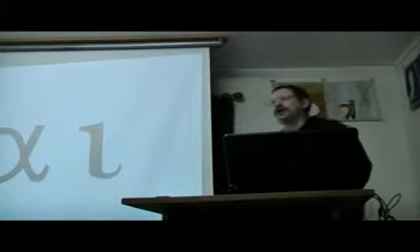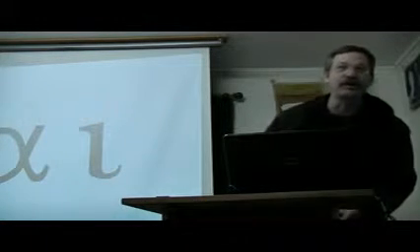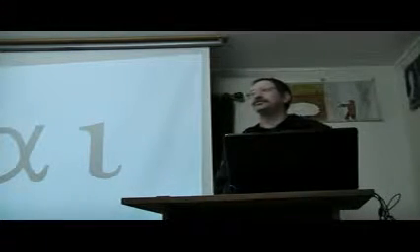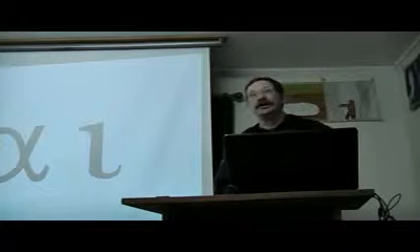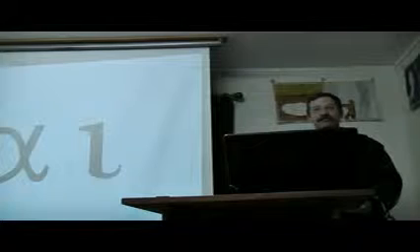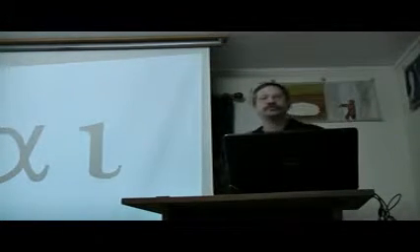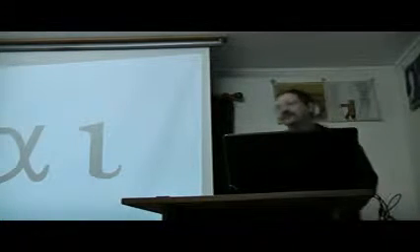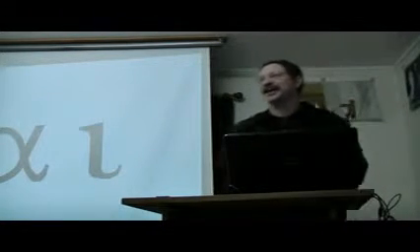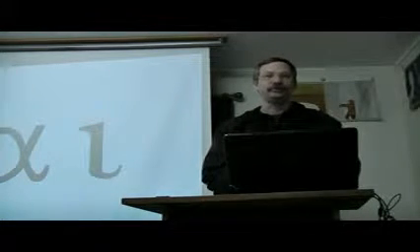Alpha iota: if you combine the A of alpha and the I of iota, it produces the long I sound, as in aisle, or high, or anything else that has that long I sound.